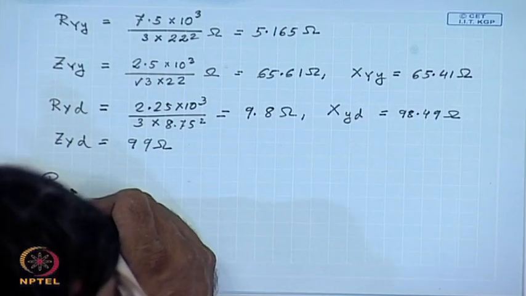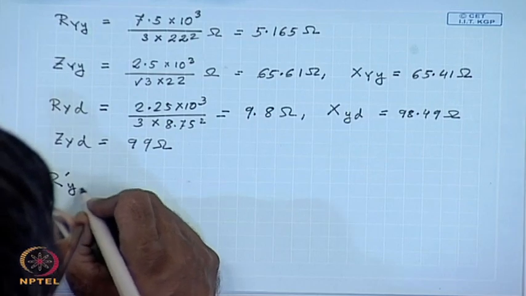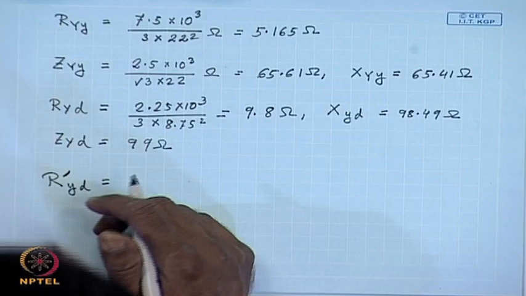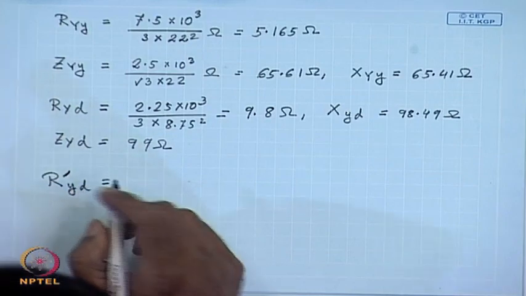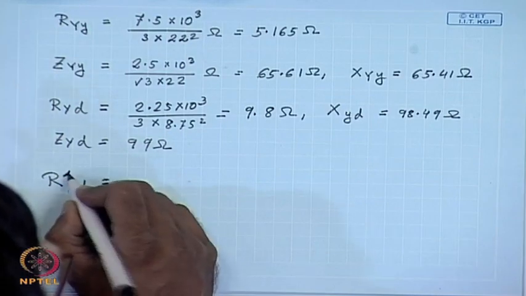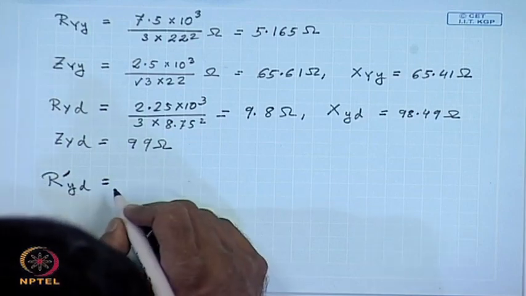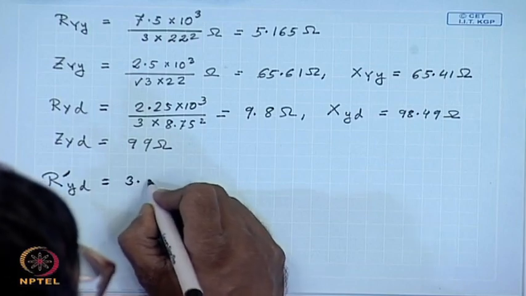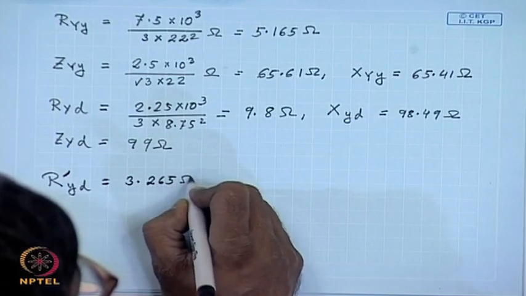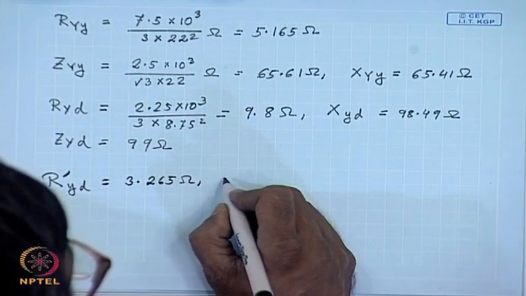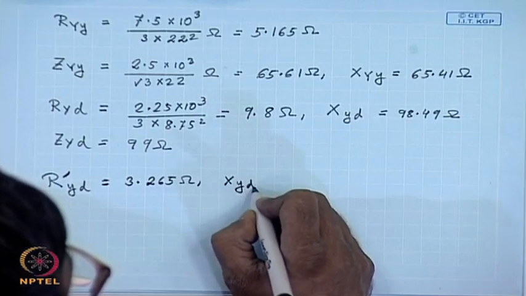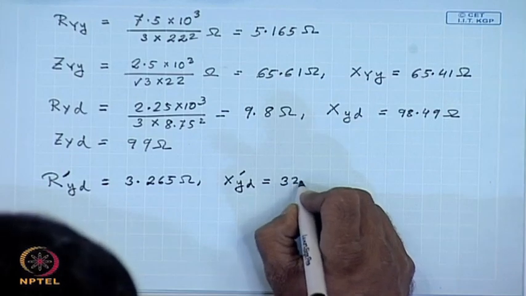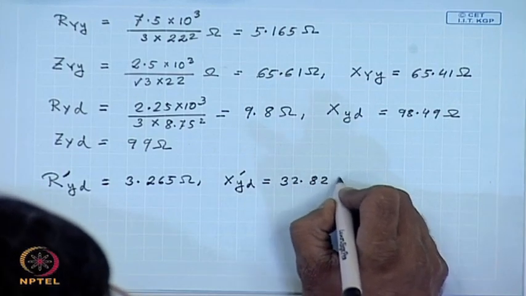R dash YD, it is referred, R dash means referred to the 33 kV winding. This comes to 3.265 ohm, and XYD dash comes to be 32.83 ohm.